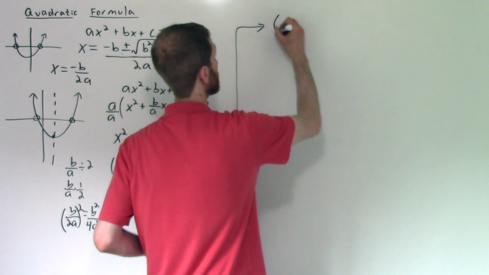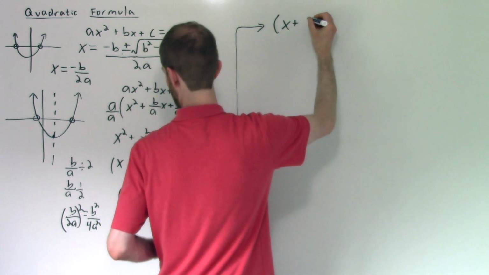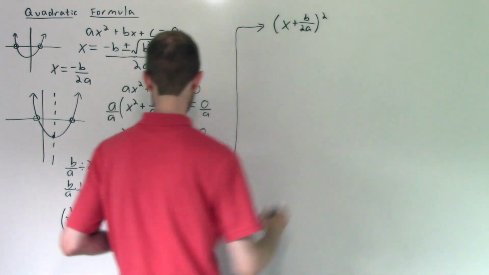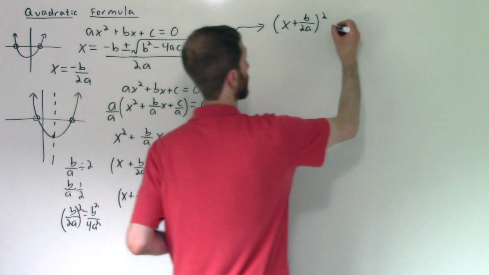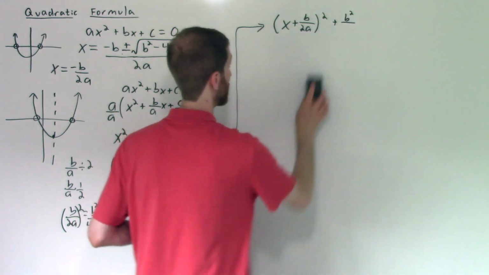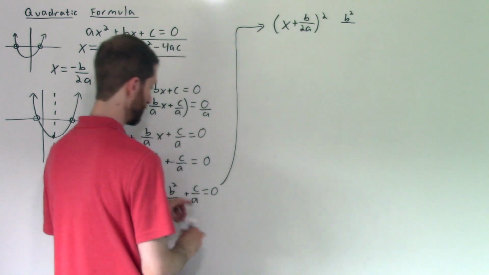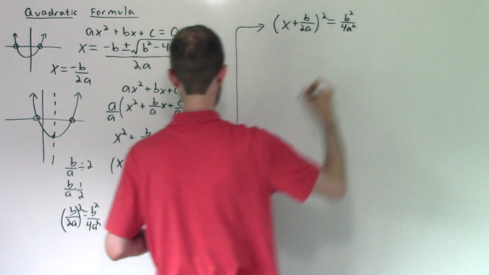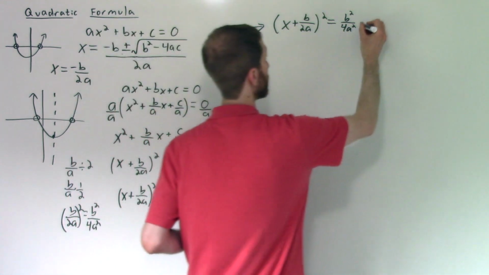So I've got x plus b over 2a squared. I'm going to add b squared over 4a squared to the other side of the equation. So now I have an equals sign, right? So I have equals b squared over 4a squared. And then I'm going to subtract c over a.